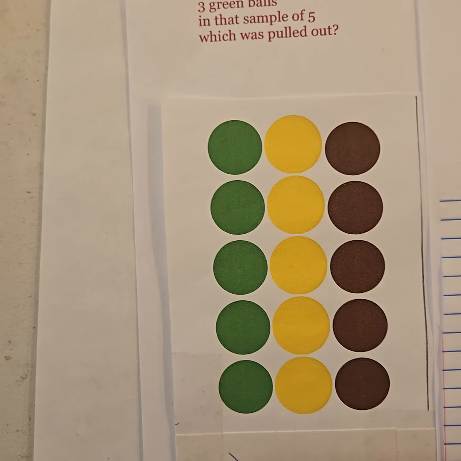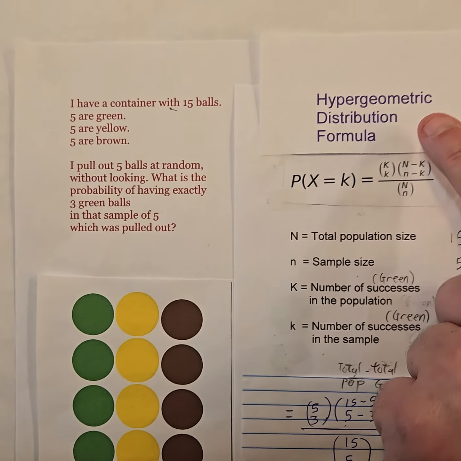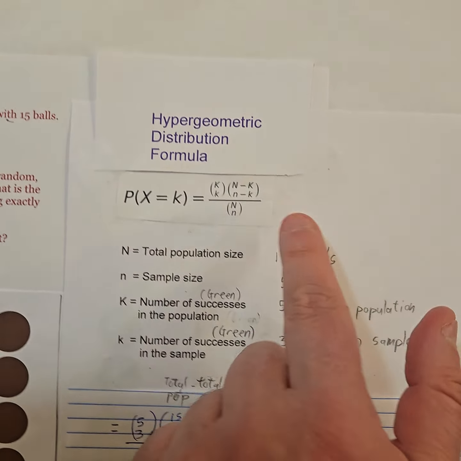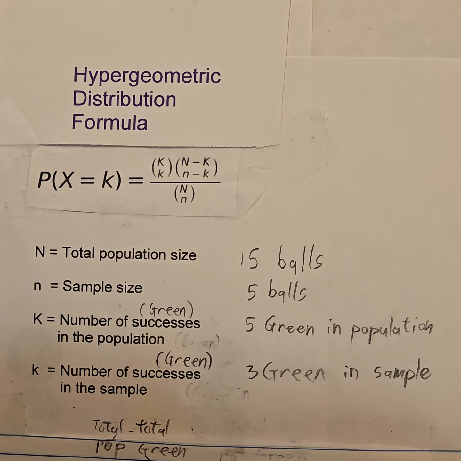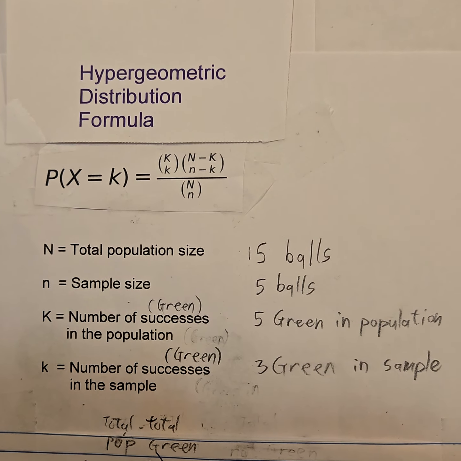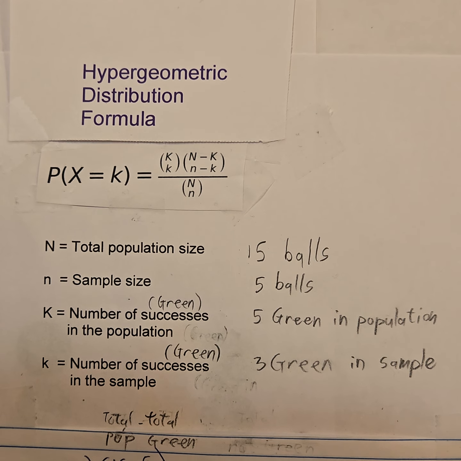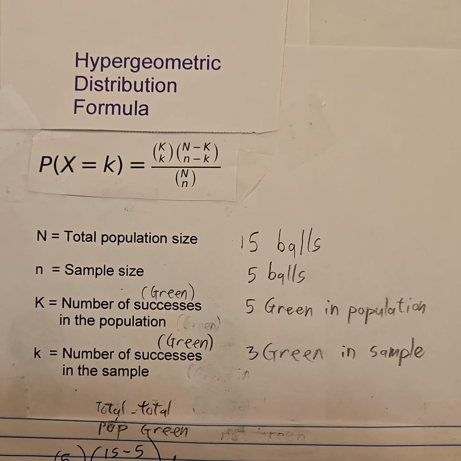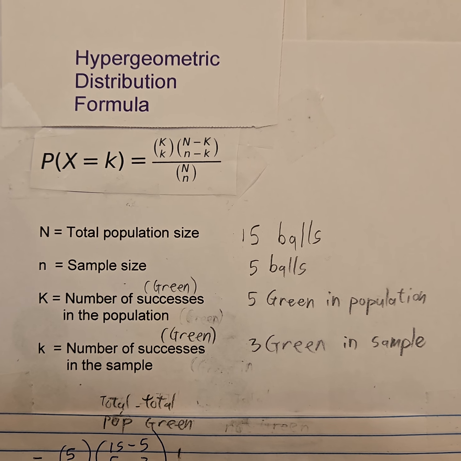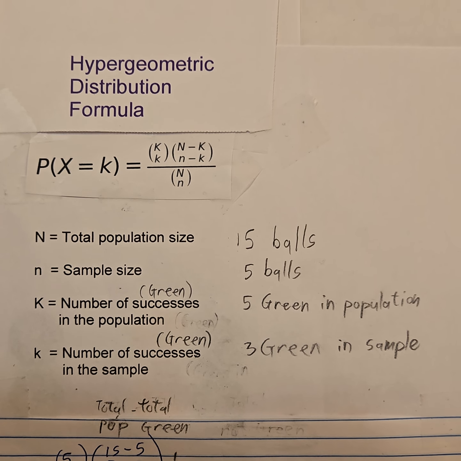I'm going to teach something called the hypergeometric distribution formula. This formula is for this type of question where you have a big number and you're taking a small number out. What's the probability of that smaller sample having a certain number?